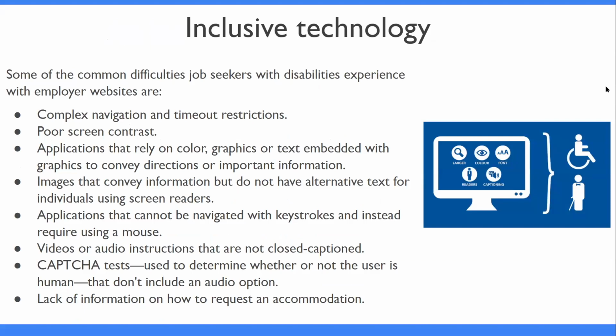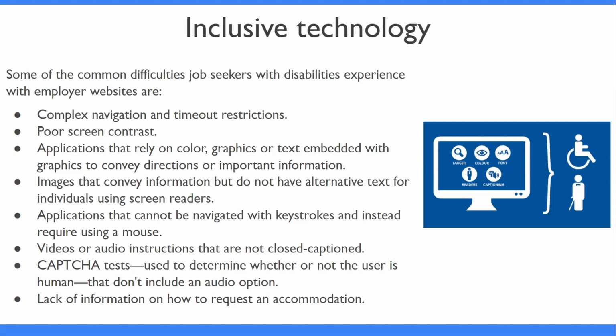So some of that inclusive technology: there are a few key areas that are particularly difficult for job seekers with disabilities. So complex navigation and timeout restrictions. If your website has any of those kinds of restrictions in place, folks who read a little bit slower might need more time, and so those timeout restrictions can be really limiting.